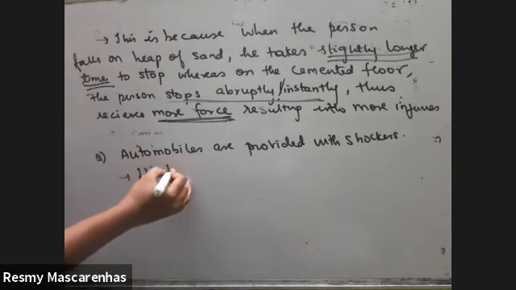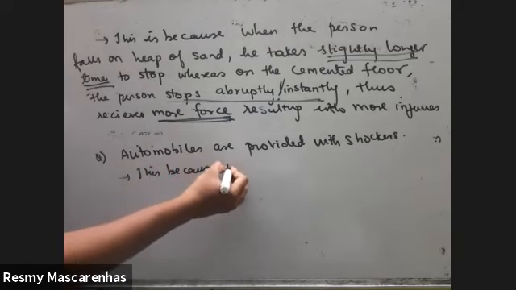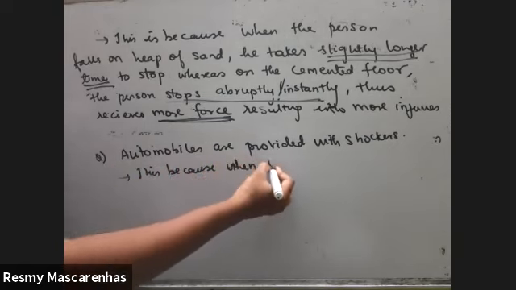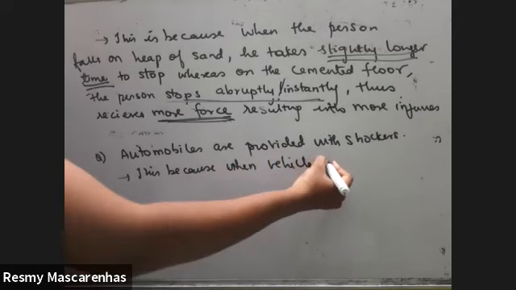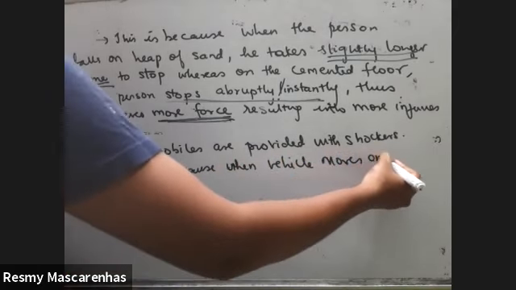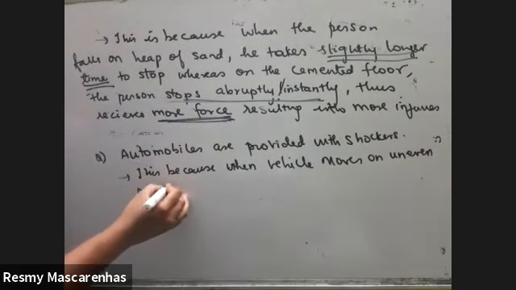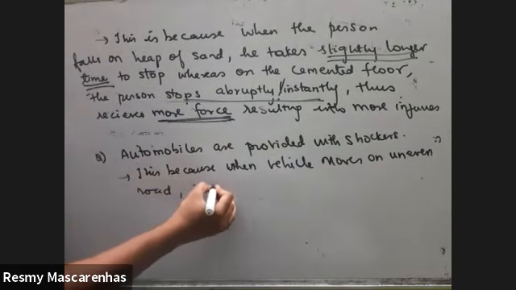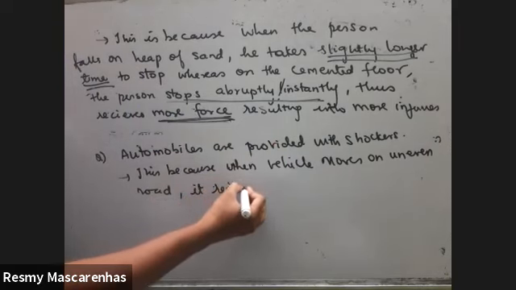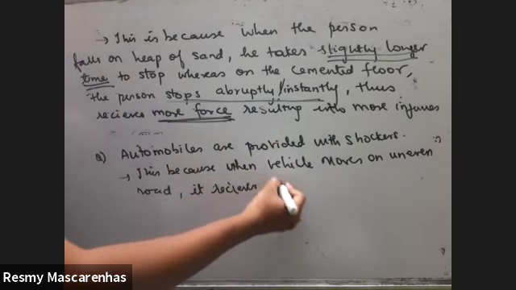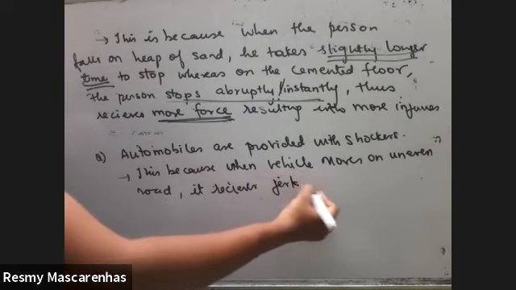This is because when the vehicle moves on an uneven road, it receives a jerk. Jerk means an impact, like a shock.